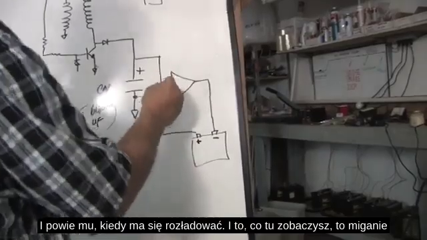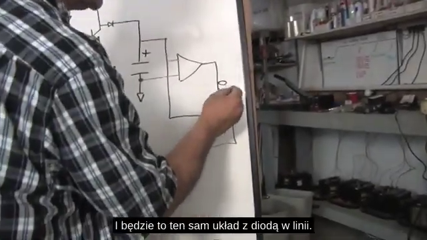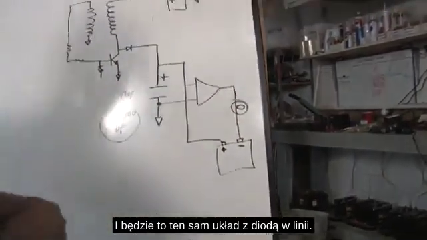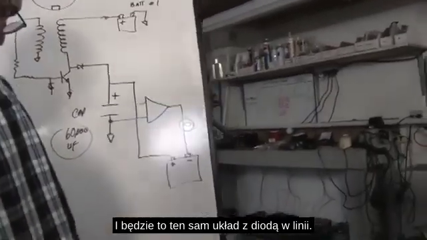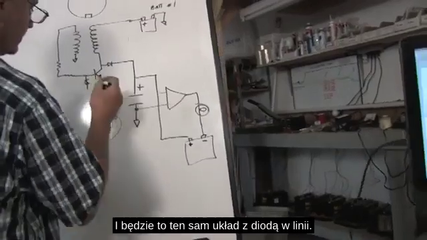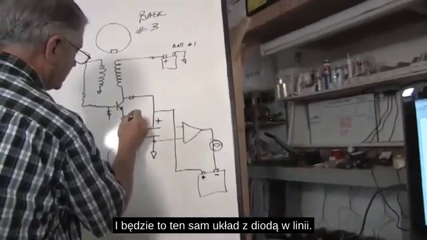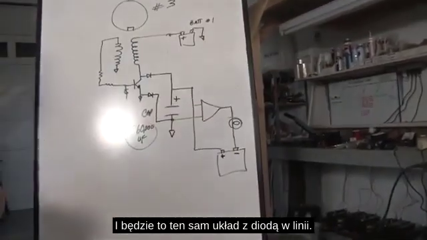And it's going to tell this when to discharge, and what you're going to see here is it blink a green light. And it's going to be this same arrangement with the diode in line here.